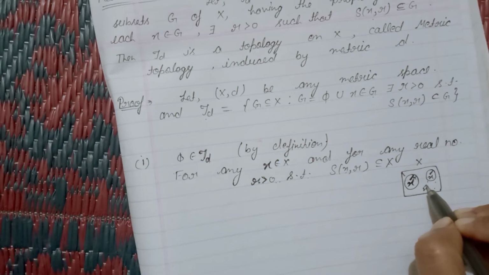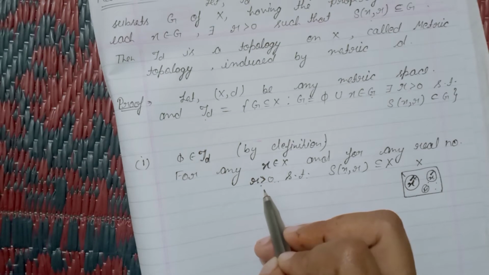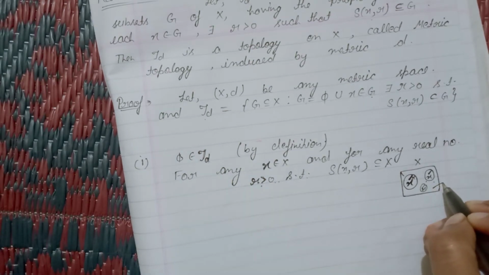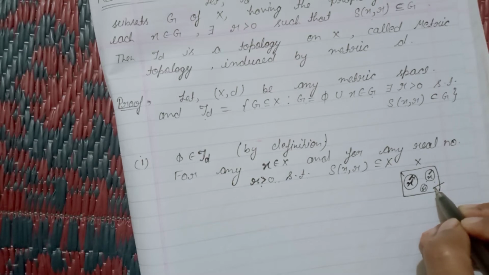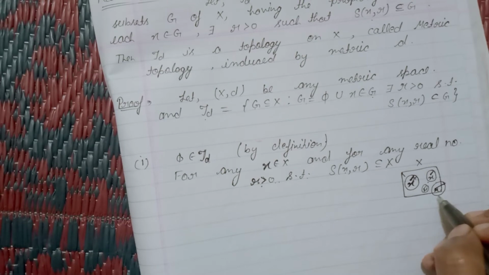And students, r is positive but not so large. r is a small radius. Suppose I take a large radius like this, right? Suppose here a point x and a little bit large radius, then we can draw an open sphere with center x and radius r like this, right? If I take the radius so large, what is the problem?